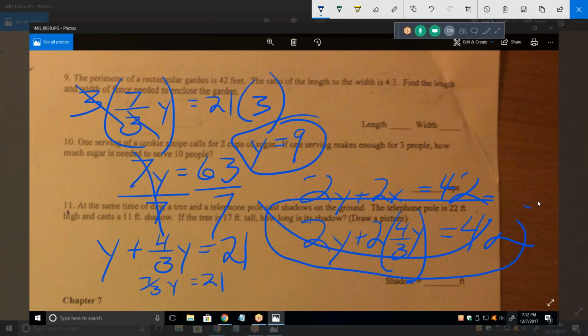So I've solved for one side of this thing. Okay, and I had this to begin with. It was in a 4:3 ratio, the length to the width. So if I know y is 9, solve for x.